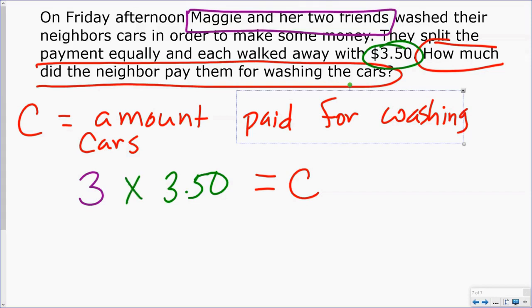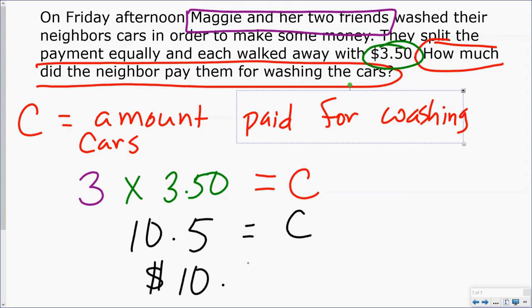So I'm going to multiply those together. And when I do that, I get an amount of 10 and 5/10 equals C. Again, that's just my solution for my equation. So to answer my question, I would have $10.50 was paid by the neighbor to have Maggie and her friends wash the cars.